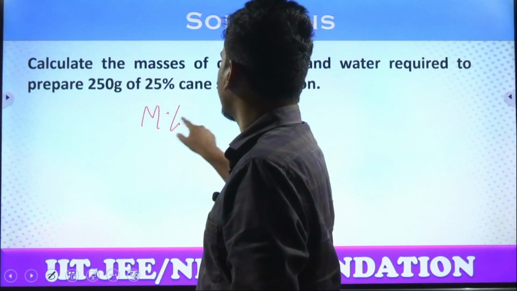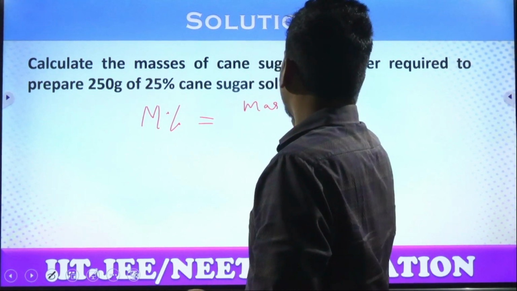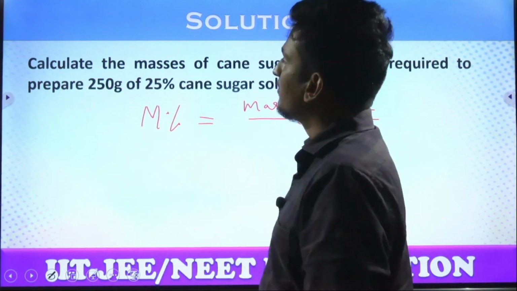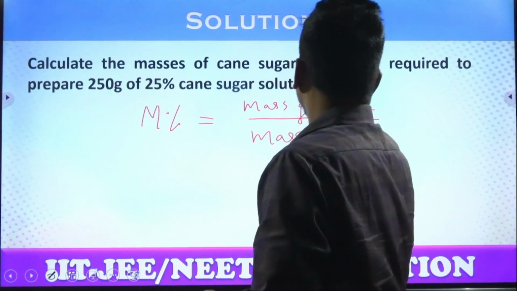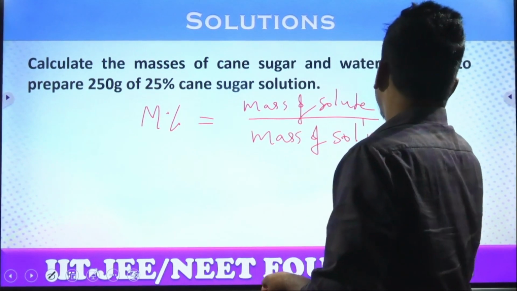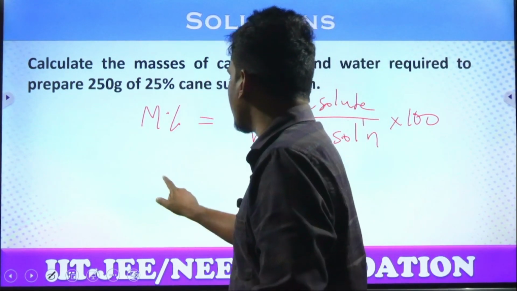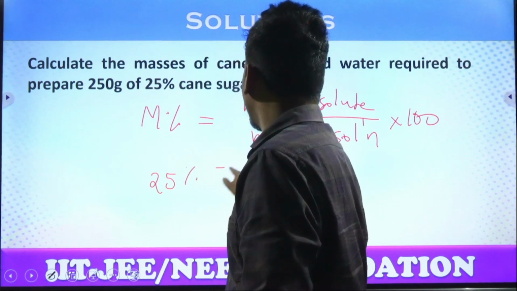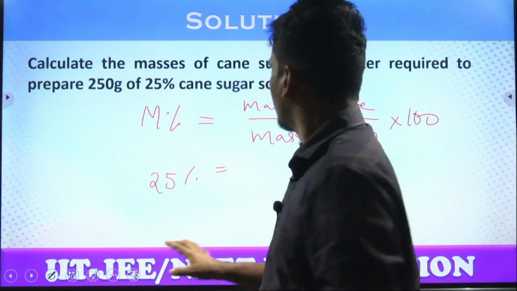Mass percentage equals mass of solute by mass of solution into 100. This is the formula. The percentage is already given, which is 25%. We need to find the mass of solute, the mass of cane sugar, and water. Of course, we can find that.